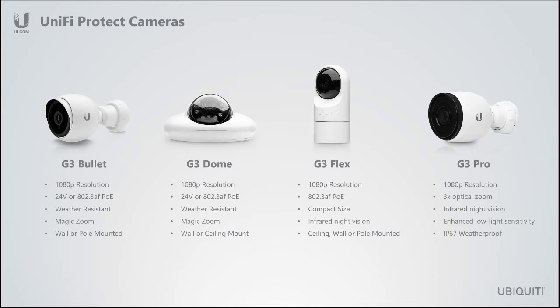All these cameras can be managed through the UniFi Protect software, which comes inbuilt into the CloudKey Gen 2 Plus. The CloudKey Gen 2 Plus has the UniFi controller inbuilt as well as the UniFi Protect controller inbuilt. Once you have that device connected to your network, you can access your videos from anywhere in the world, either by logging into your UniFi Protect account or by downloading the UniFi Protect mobile app, and you can access your live videos as well as your video history.